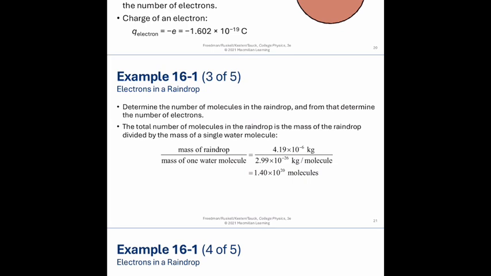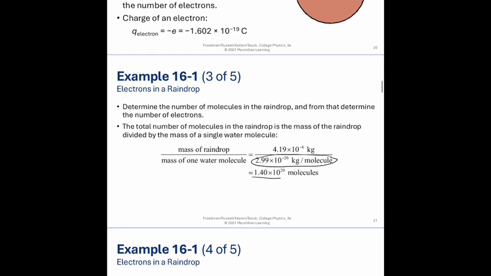When you've looked up the mass of hydrogen times 2 and the mass of oxygen, you'll see that dihydrogen monoxide has 2.99 times 10 to the minus 26 kilograms per molecule. So we divide the two to find out how many molecules there are. Turns out there's a lot: 1.4 times 10 to the 20 molecules of water in this raindrop.